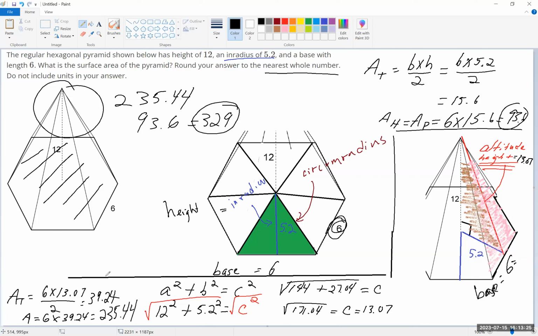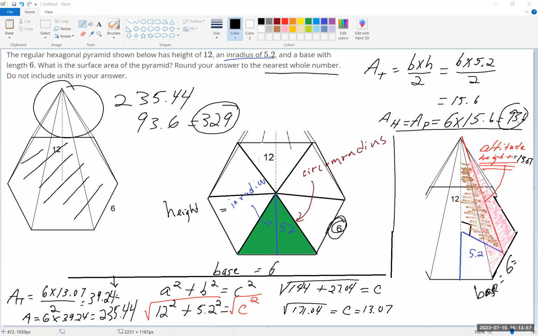Now, I'm just curious whether that would have made a big difference. So let's try it. 39.21 times 6 plus 93.6, 328.86.